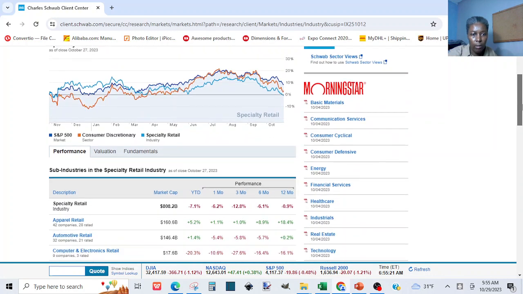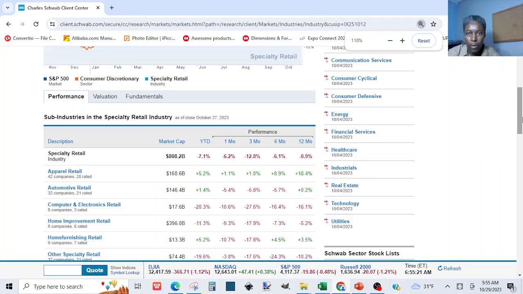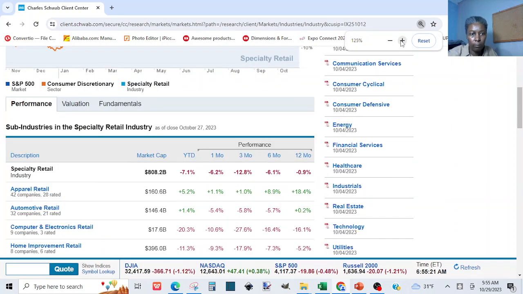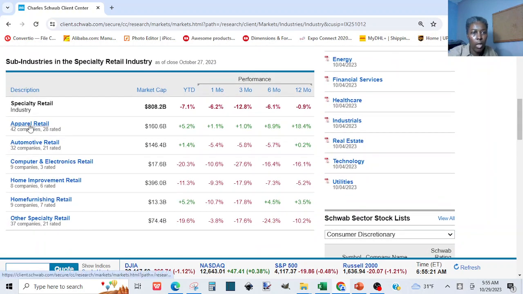And from here, we will click on apparel retail.